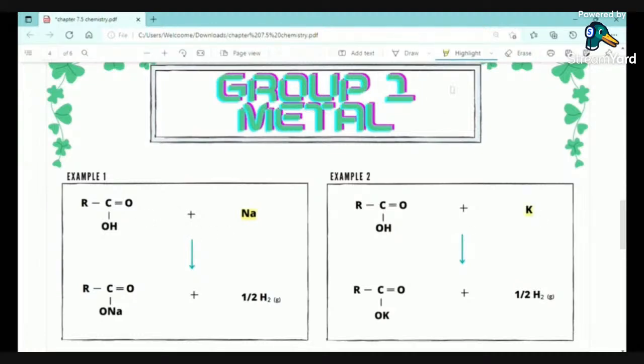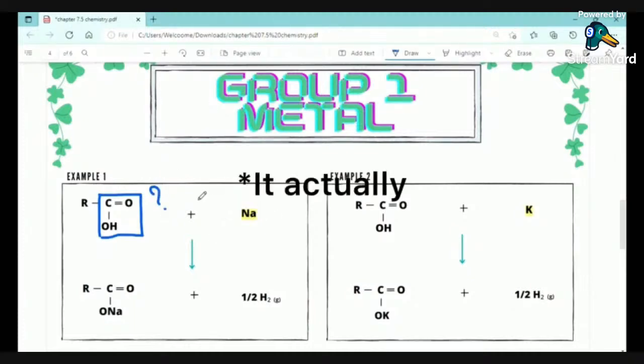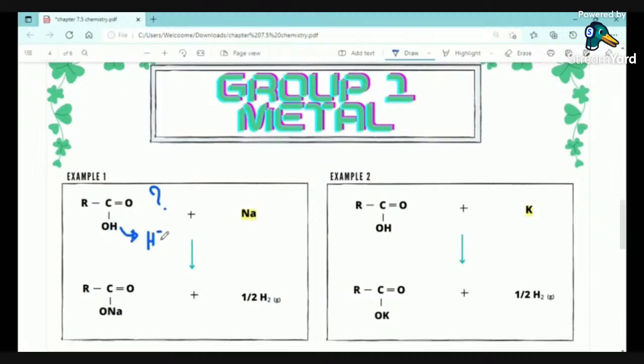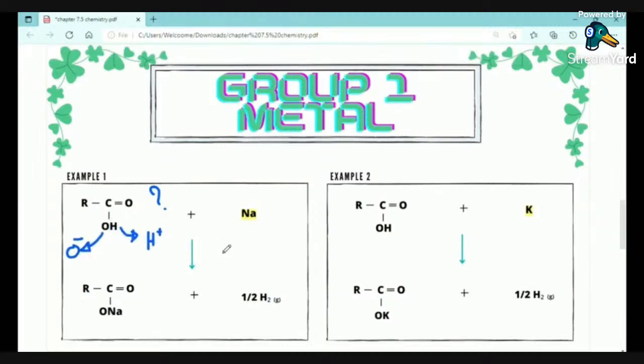So we will focus on the carboxylic acid group because it is the one that will react with sodium. Who will actually react with sodium? It's actually the OH over here. What change happens at the OH? This is hydrogen. So when I remove H over here, the H will become H plus and O will become O minus. And Na, we already know, is Na plus.